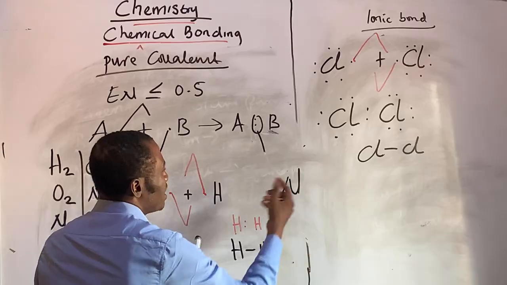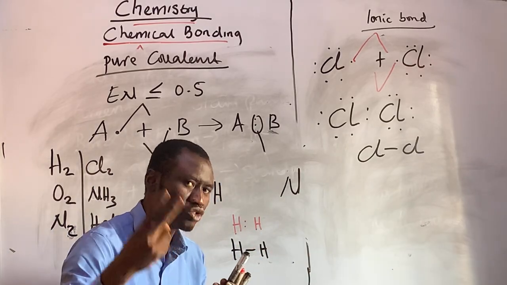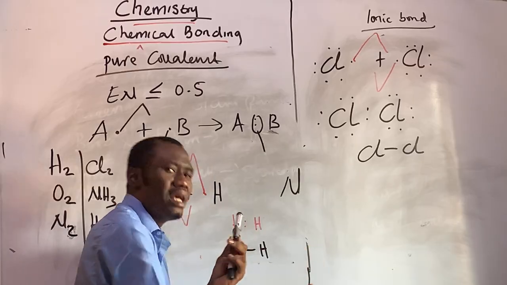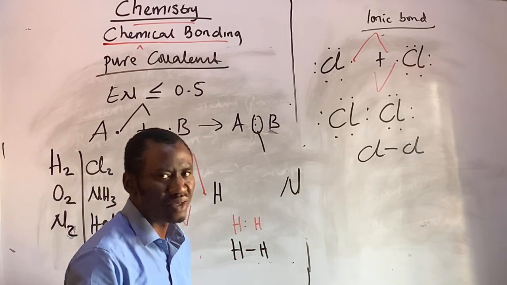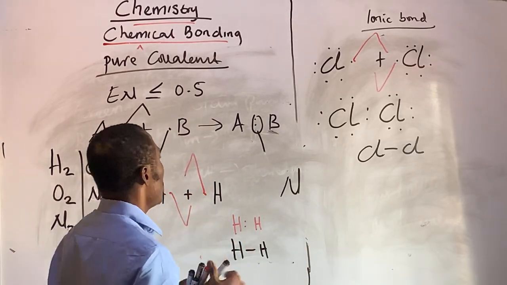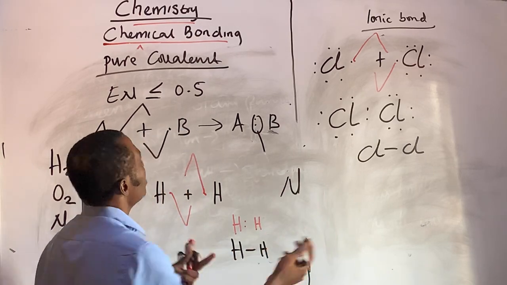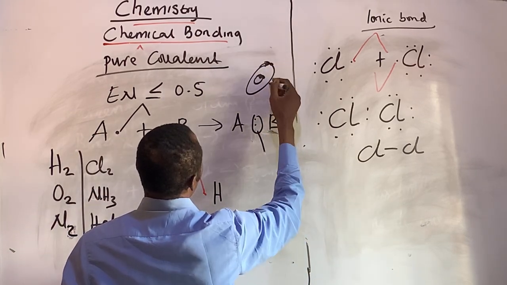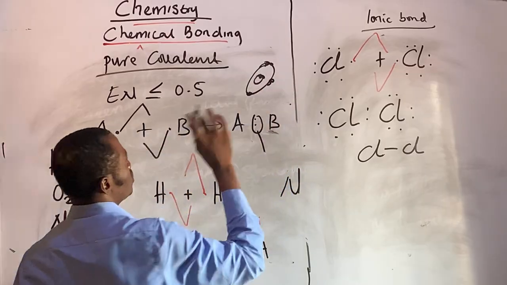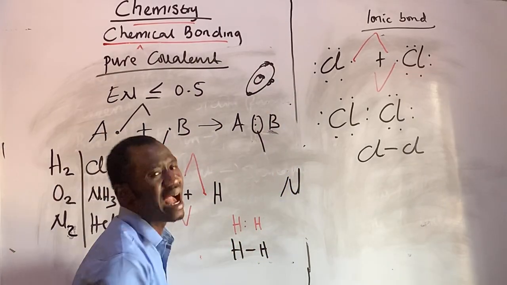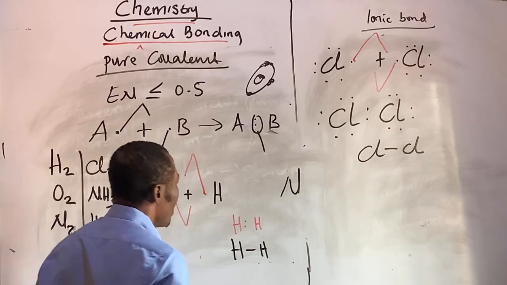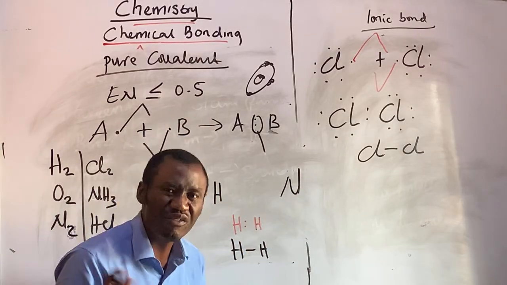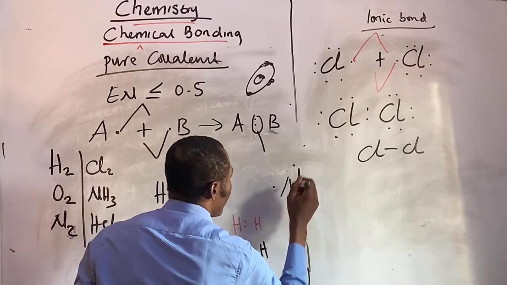So 7 minus 2 is 5. That means 2 electrons will be inside the first shell, and then 5 electrons will be in the second shell. Let me draw it for you. You see 2 inside and then 5 outside, making it 7 electrons. So we have nitrogen, and we distribute the electrons evenly: 1, 2, 3, 4.